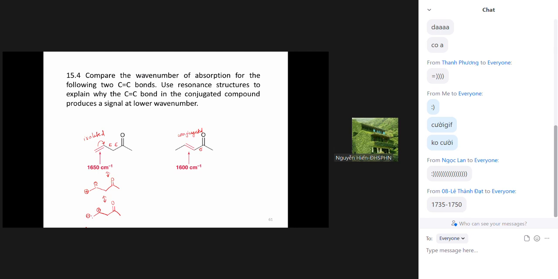So you have two different kinds of resonance structures. I will draw it more slowly. So this is first, and then you have the second.